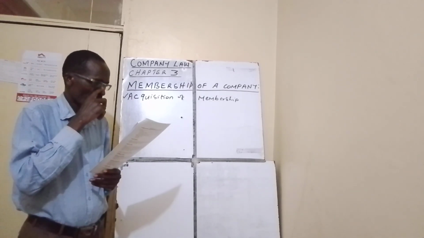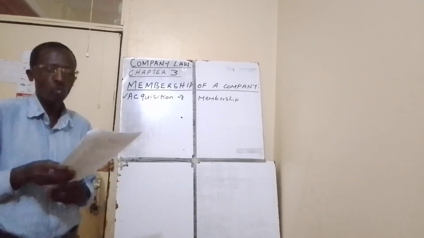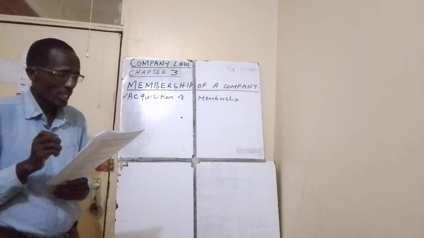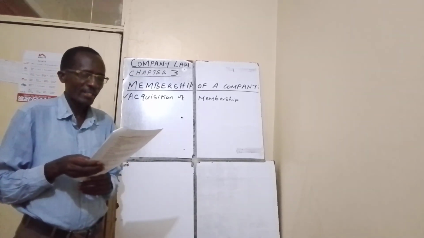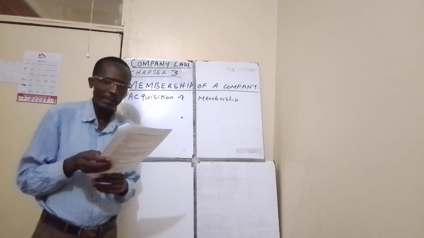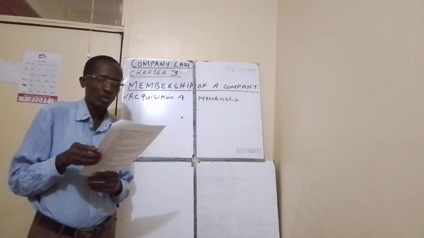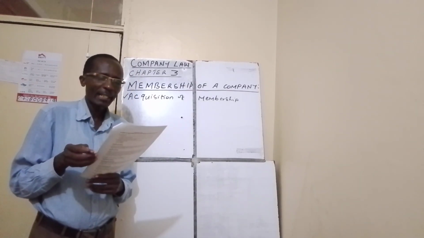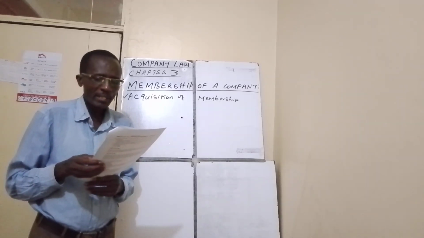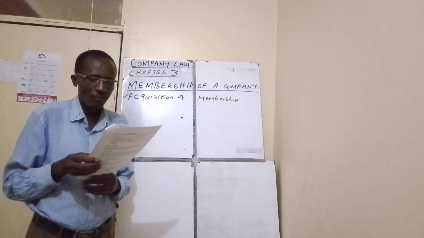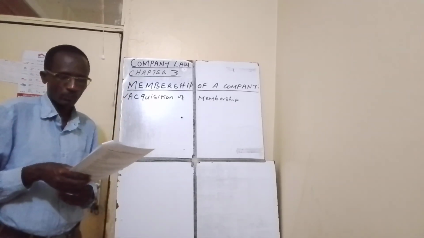Method number six is compliance with section 182, subsection 2. A person who has consented to be a director and has given a statutory undertaking to take and pay for his qualification shares is declared by section 182 subsection 2 to be in the same position as if he had signed the memorandum of association.